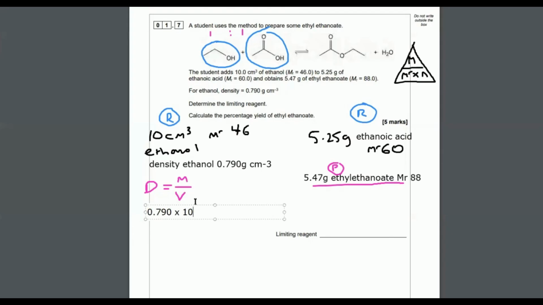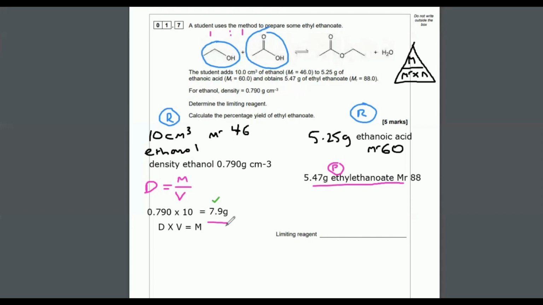D times V, arranged, equals my mass. The mass is 7.90 grams. We've just found how many grams we've got, and potentially that has garnered us our first mark. Now I need to use that and the Mr: mass over Mr.